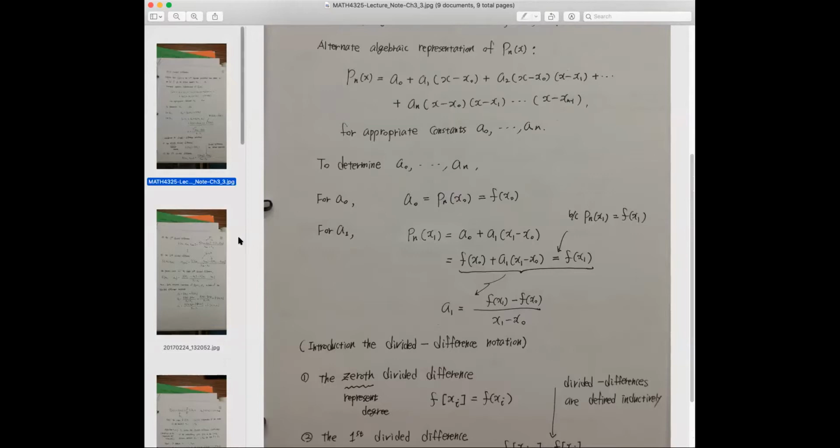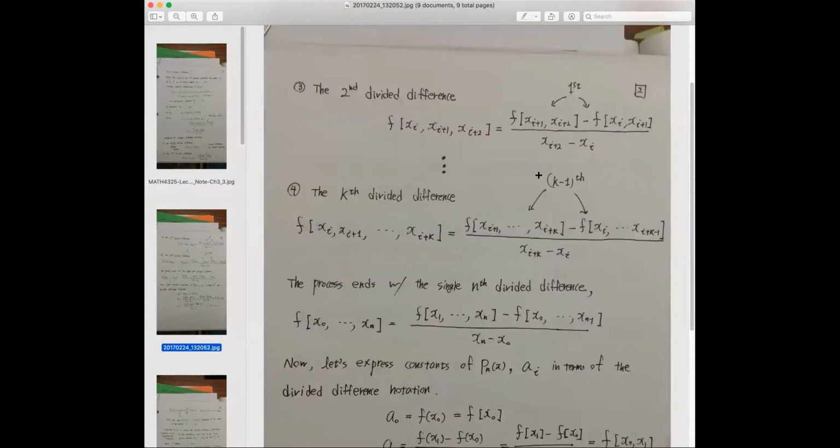then you can express the fraction in terms of the second divided difference. Here the goal is to find the zeroth through the kth divided differences.